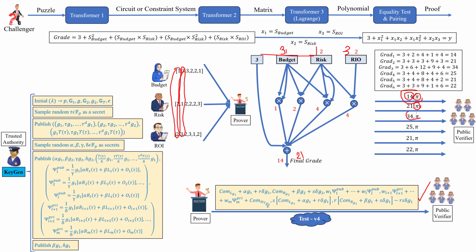For the third company, the same things would be sent to the public, and then the public could run this test version 4 for each one, and finally, the public could be convinced that all of the computation was correct, and prover convinced the public that the final grades are computed correctly and nobody cheated.